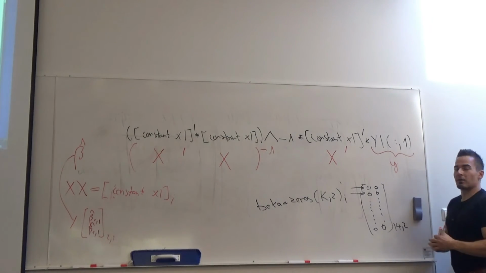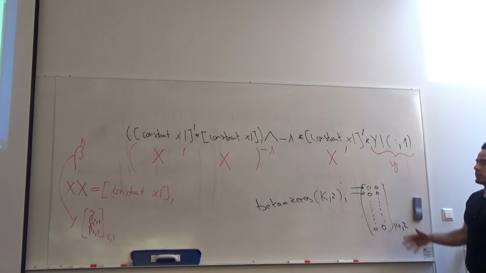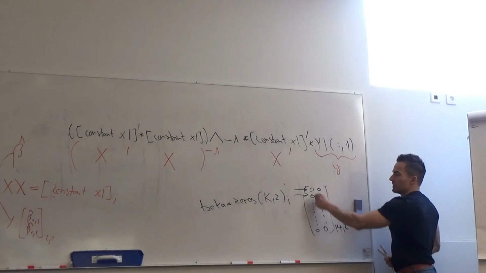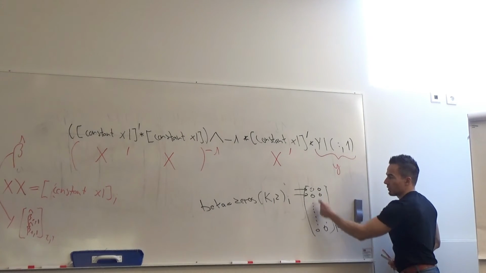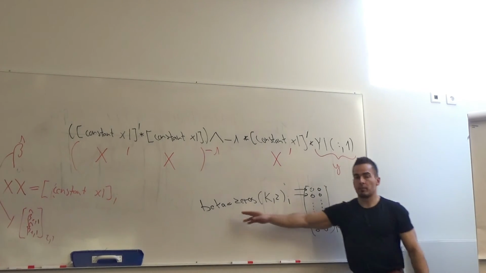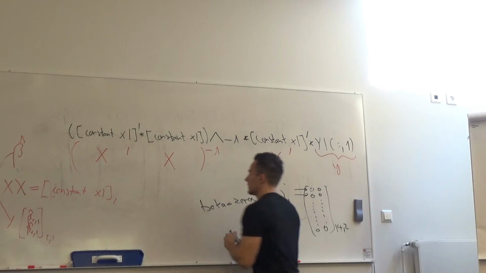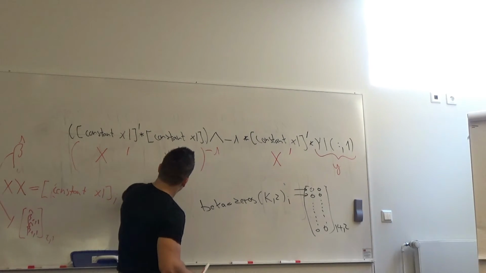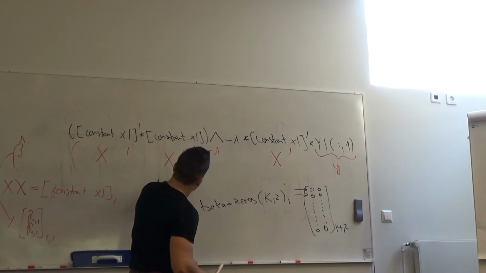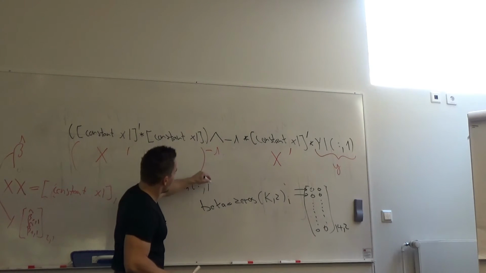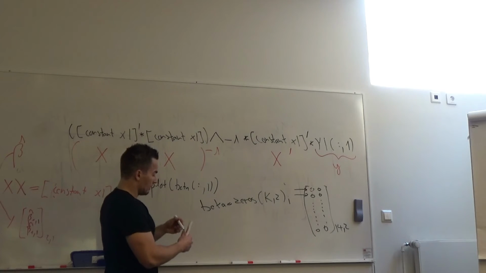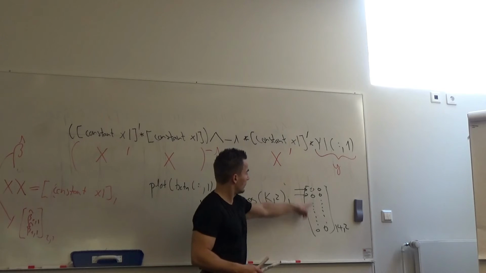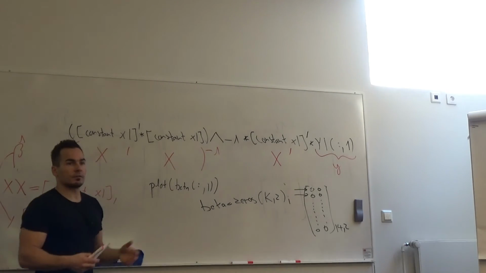If you want to see the distribution of the intercept terms, which is in the first column of your beta matrix, you could write the command plot beta, colon comma 1. Then it plots what is in the first column, which are the intercept estimates.